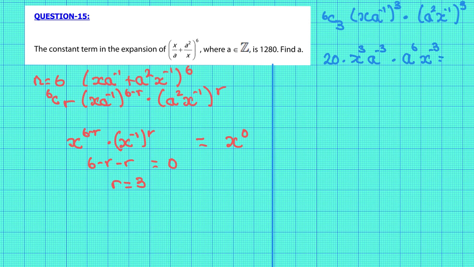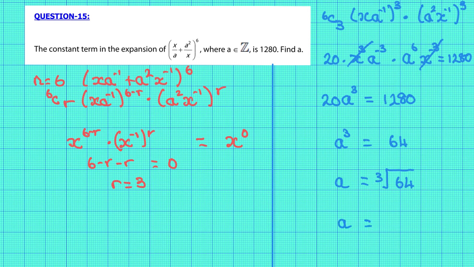You know that that must equal 1280. The x cubed and the x to the minus 3 cancel. So you get a cubed is equal to 1280. So 20a cubed is equal to 1280. So a cubed is equal to 64. a is equal to the cube root of 64. So a is equal to 4.